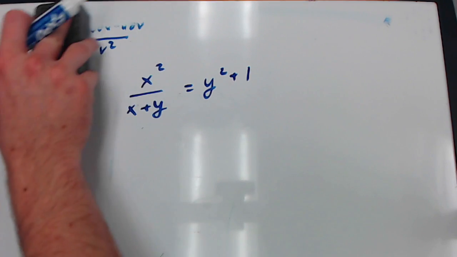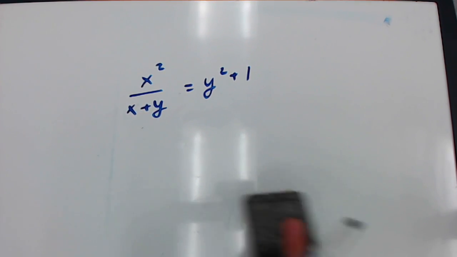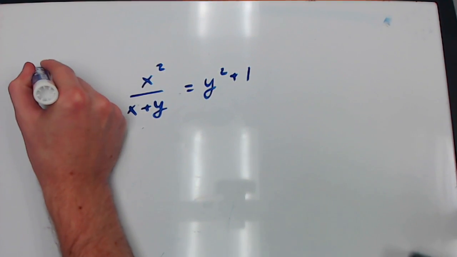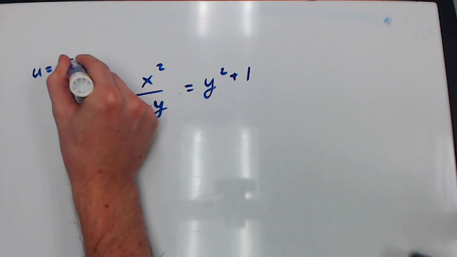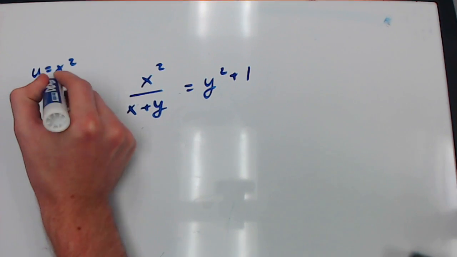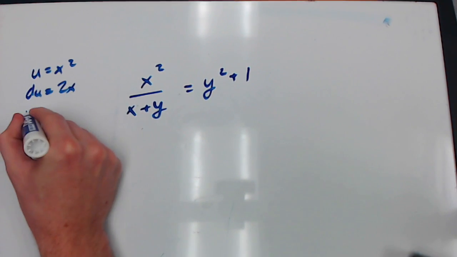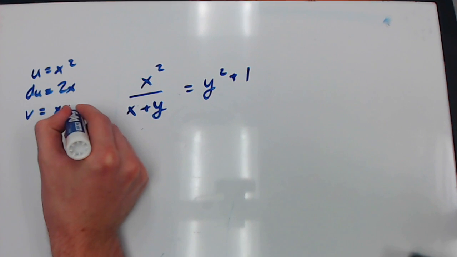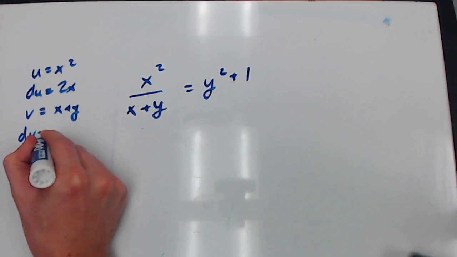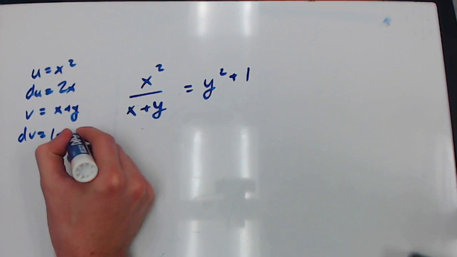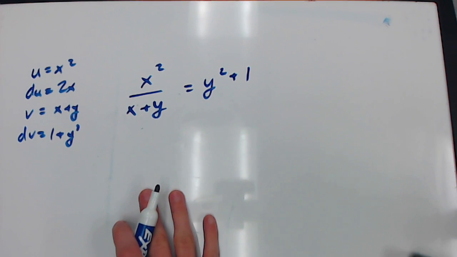All right. So in this case, our u is x squared. Our du is going to be 2x. Our v is x plus y, and our dv is going to be 1 plus y prime.